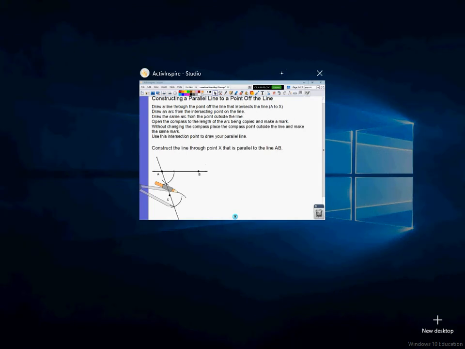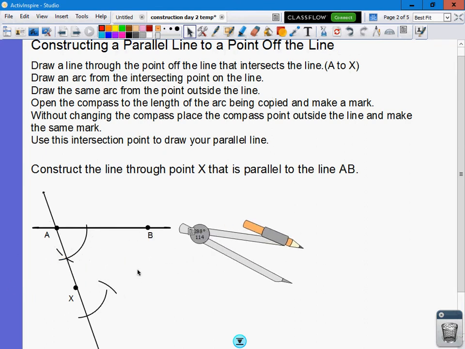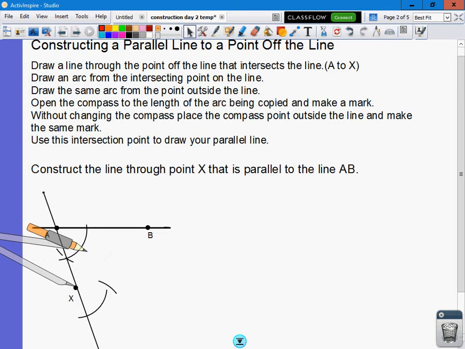Whoa, don't do that. That's the first time that's happened. I don't know what it did. Now, you can see what I did. What happened here? My first arc that I made wasn't quite long enough.